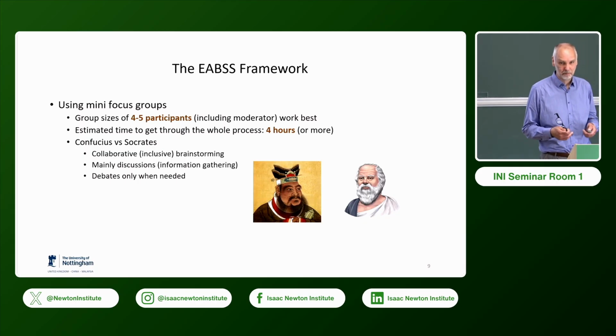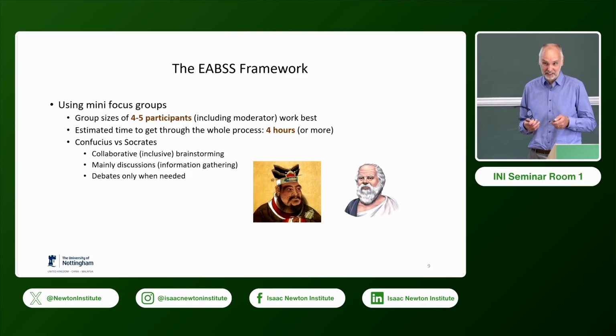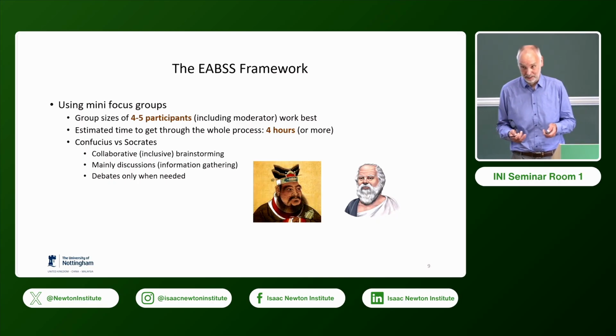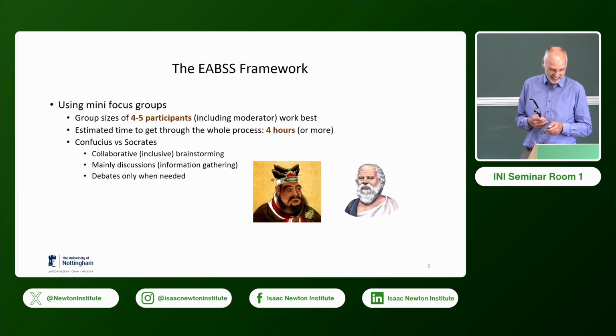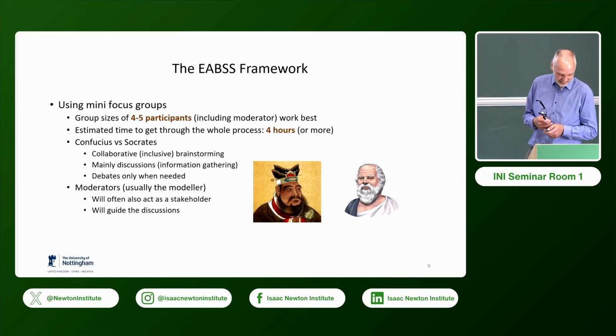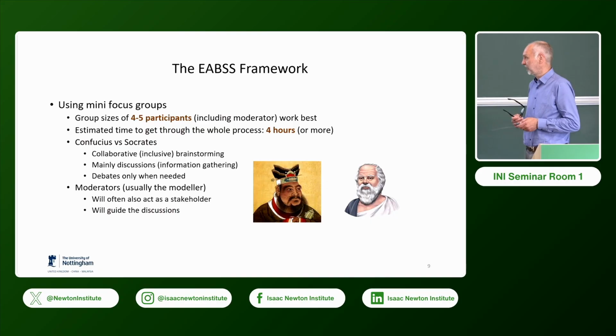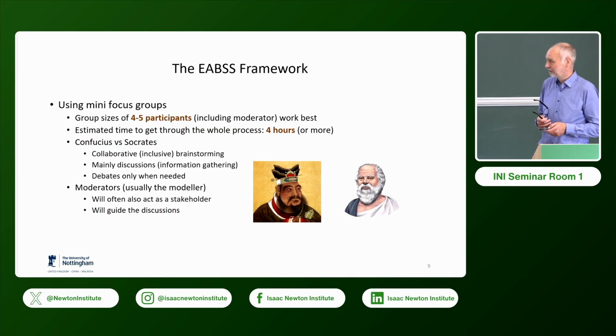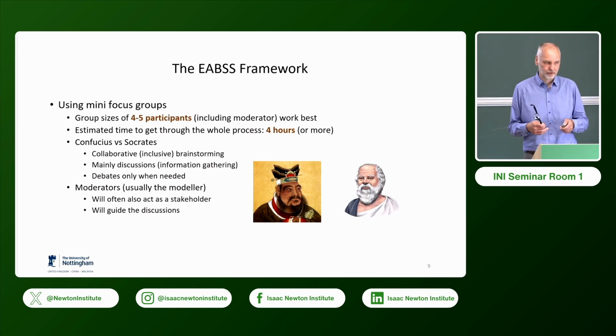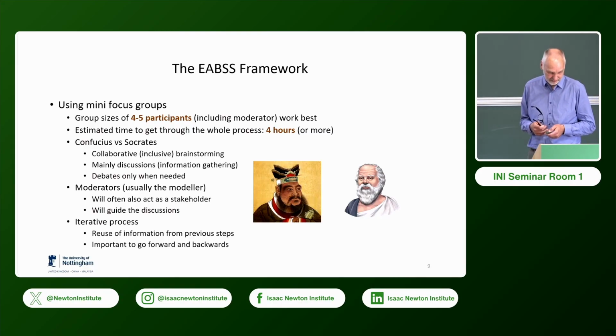Yeah, so there are times where you're not allowed to debate, which is very, very difficult when you have academics in the room. So you can never stop them debating. And then the moderator will normally be the modeler, and unlike normally in focus groups, they will be involved in the discussion because they know what to do, basically.